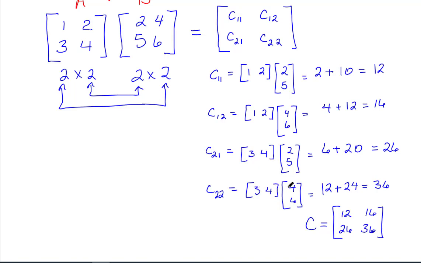So 3 times 4 is 12, 4 times 6 is 24, and the sum is 36. So now we know when the multiplication is defined and how we actually perform the multiplication.